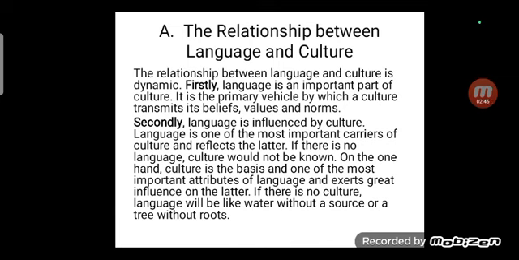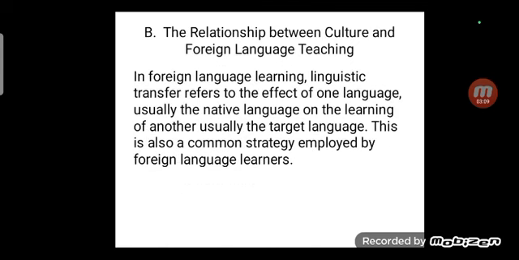If there is no language, culture would not be known. On the one hand, culture is the basis and one of the most important attributes of language and exerts great influence on the latter. If there is no culture, language will be like water without a source or a tree without roots. B. The relationship between culture and foreign language teaching.